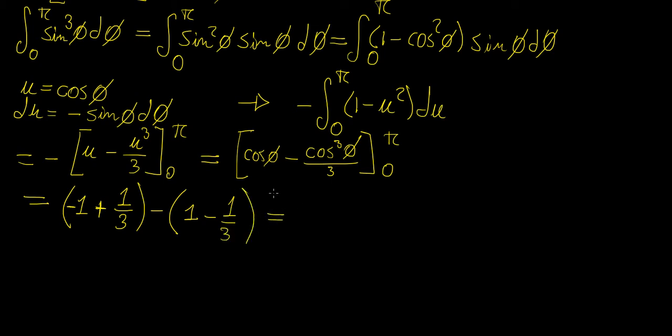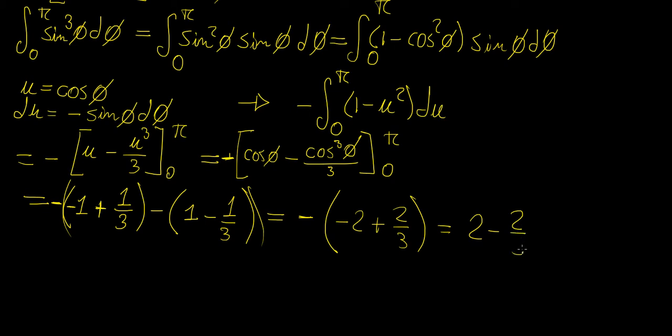Okay, and let's see what this gives us. Oh yeah, of course, I forgot the negative sign here, so this should actually go all the way here. So we're going to have minus. Alright, so here we're going to have minus 1, that's minus 2, and we're going to have plus 2 over 3. And what's this going to give us? Well, this is going to be 2 minus 2 over 3. So let's see, this is 6 on 3 minus 2 on 3, which is 4 on 3.